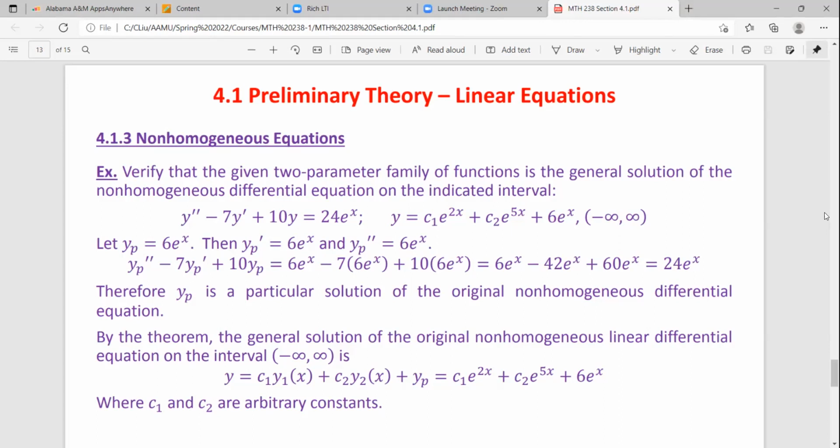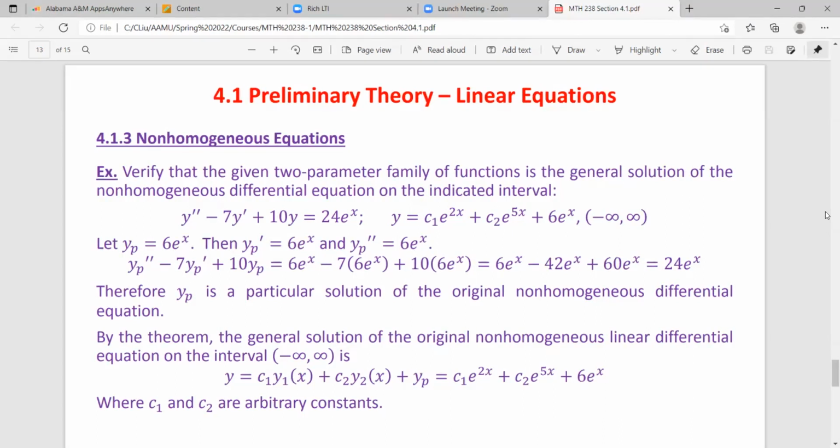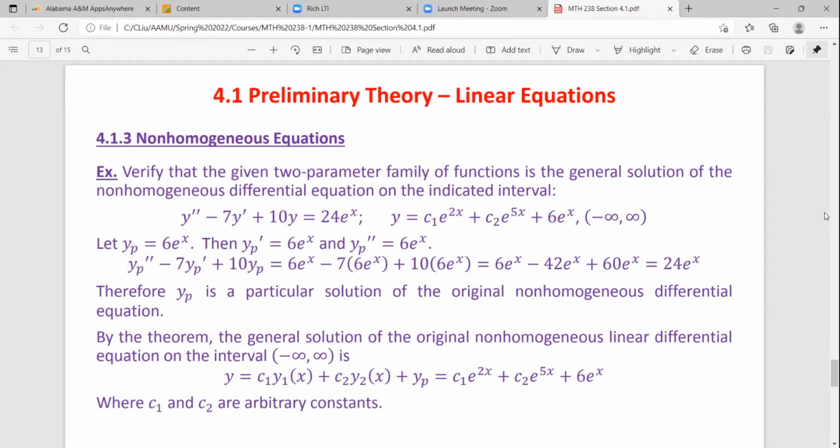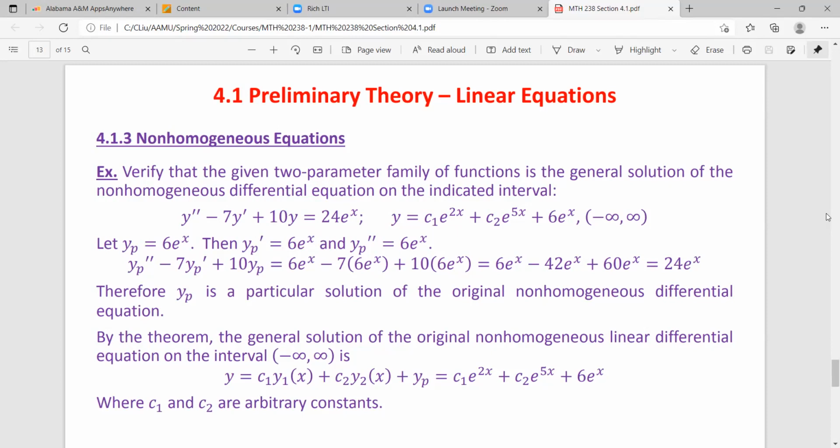So to solve a non-homogeneous differential equation in higher order, we're talking about linear equations here, we need to do it in two steps. First, we need to find the general solution for the associated homogeneous equation. That means you just throw away the part on the right side so that it's zero, then you solve that equation and find its general solution.